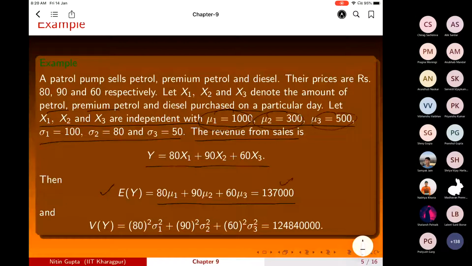And the variance of y is nothing but 80 square sigma 1 square plus 90 square sigma 2 square plus 60 square sigma 3 square. So just plug in the values of sigma 1 square, sigma 2 square, sigma 3 square, and we will get this value. So therefore this is the answer for the variability of y.